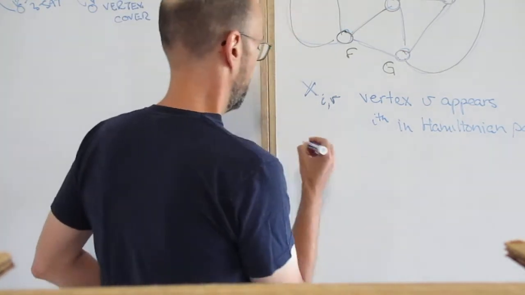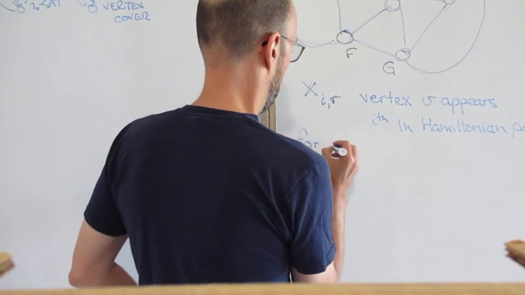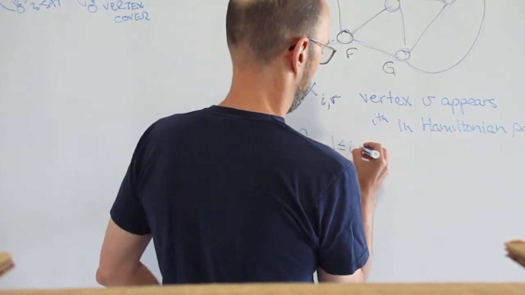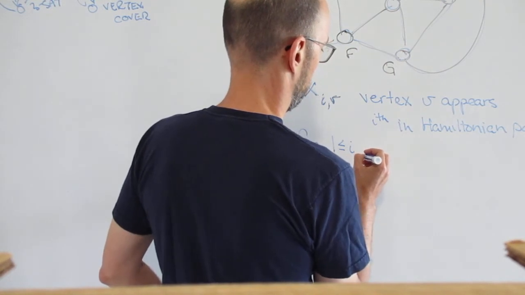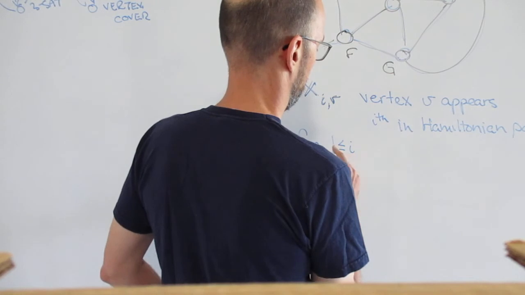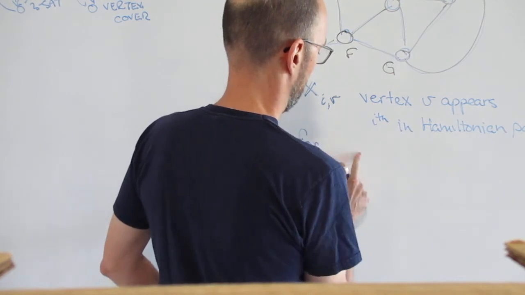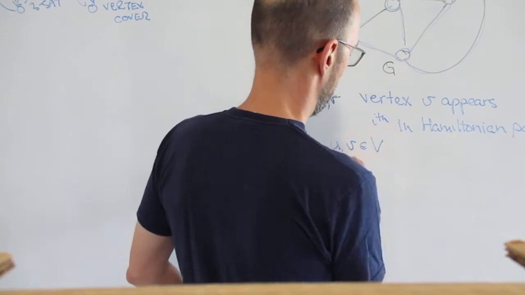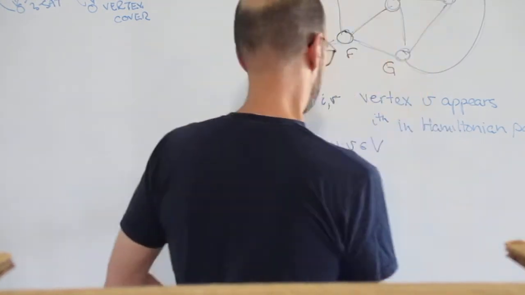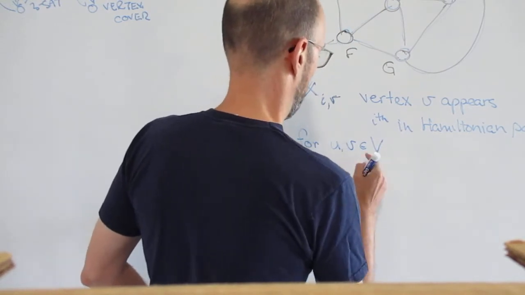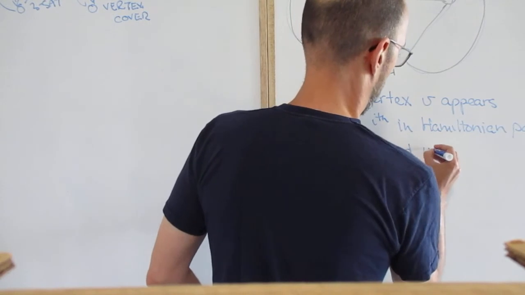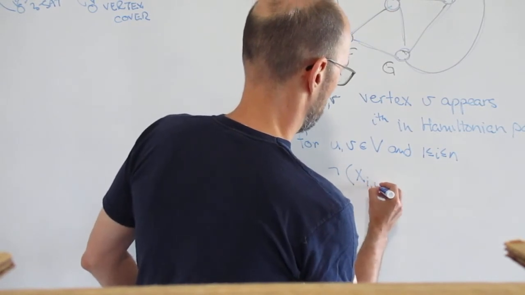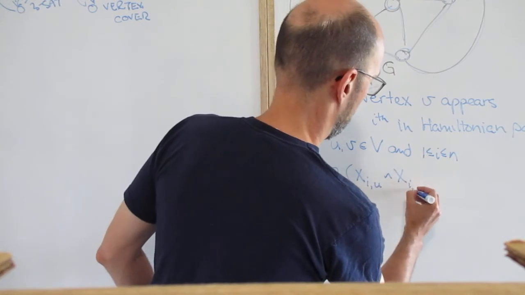So we're going to have, for u, v in V, where capital V is the vertex set of the graph, and 1 ≤ i ≤ n, not the case that x_{i,u} and x_{i,v}.